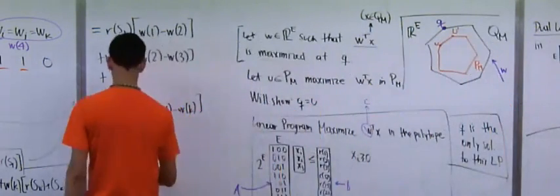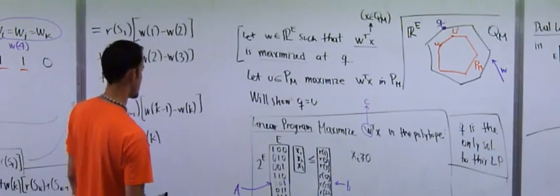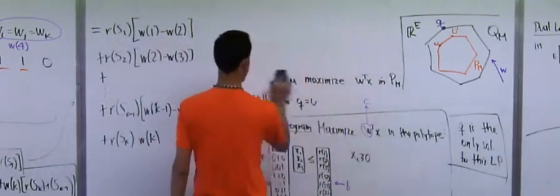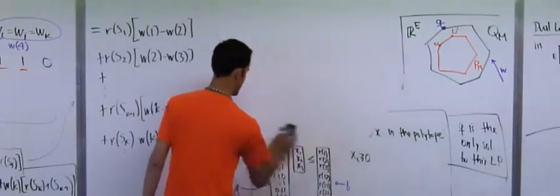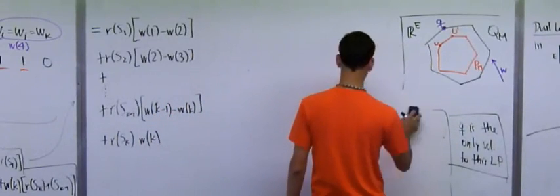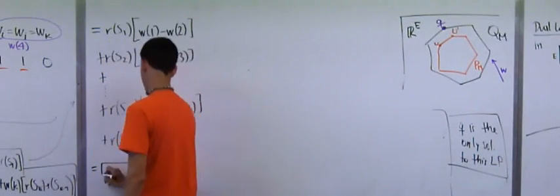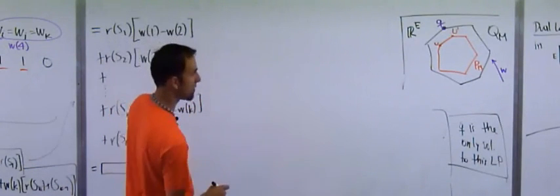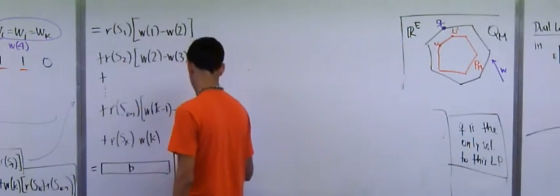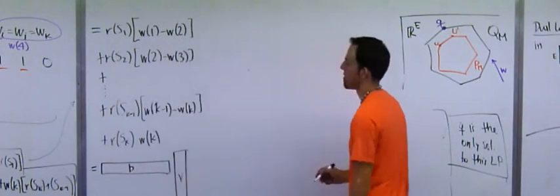So this is the dot product of the vector of ranks, which I called B, times some guy here, which I'm going to call V. And what is V?